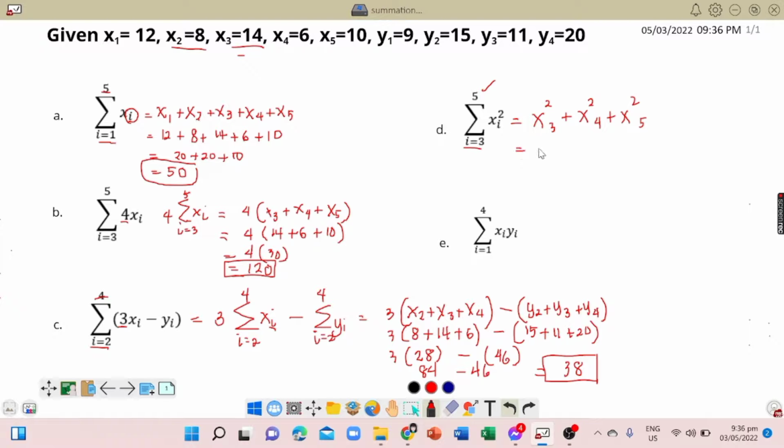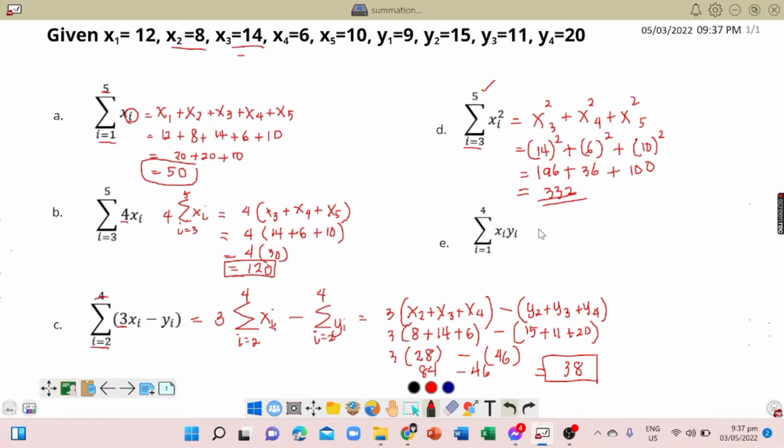So, let us have 14 raised to 2 plus x sub 4 is 6 raised to 2 plus x sub 5 which is 10, 10 raised to 2. So, 14 raised to 2 is 196 plus 6 raised to 2 is 36 plus 10 raised to 2 is 100. So, we add, and our answer here is 332.